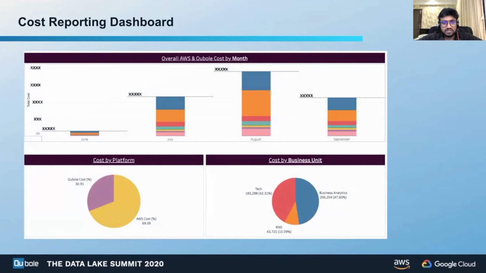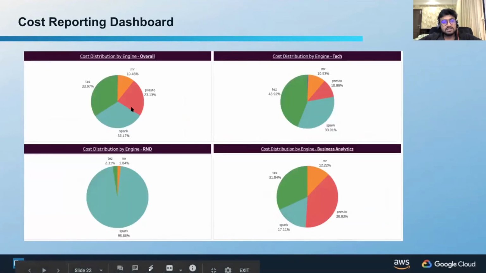So for example, you can see over here how much each team has expended in each month. These different color schemes show different teams. Similarly, which business unit has attributed to what percentage of the cost, and what is the amount of Qubole cost and AWS cost.